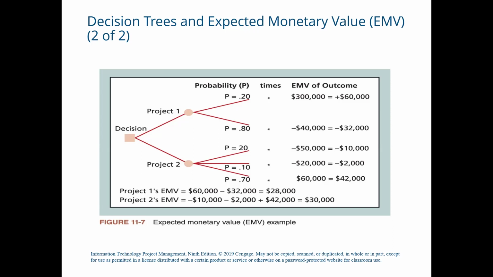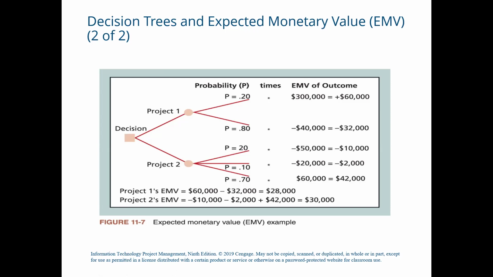So again, you can notice that if you just look at the potential outcome of the 2 projects, project 1 looks more appealing. It is more lucrative: you could earn $300,000 in profits from project 1, but you could only earn $60,000 from project number 2.